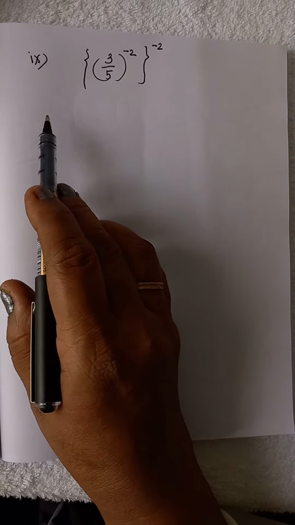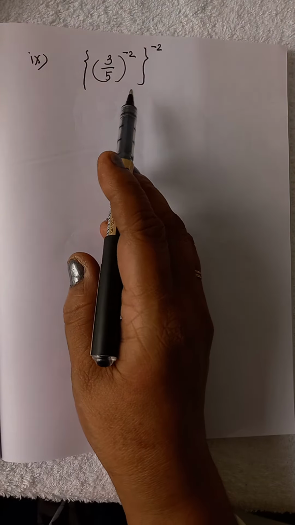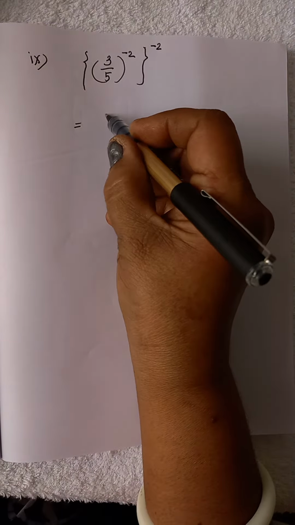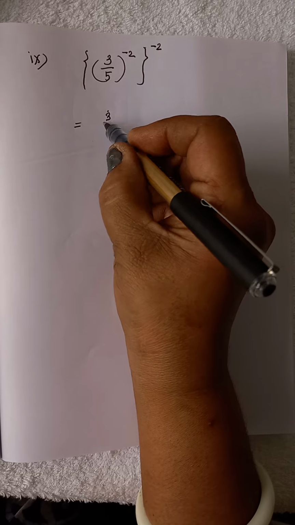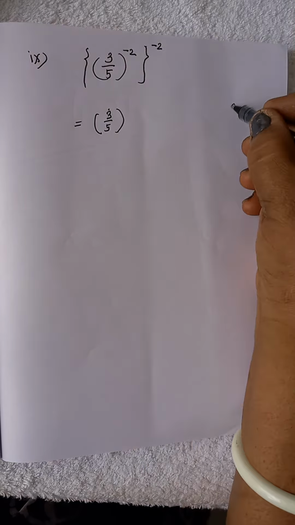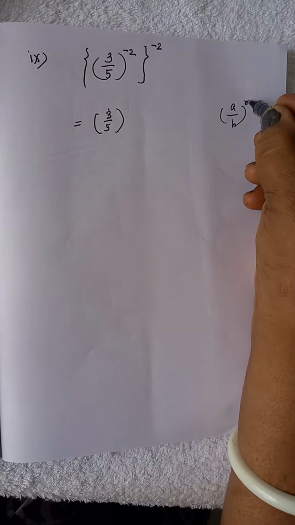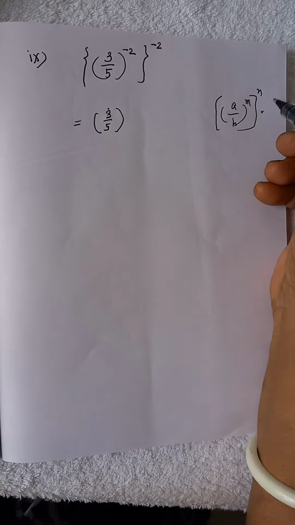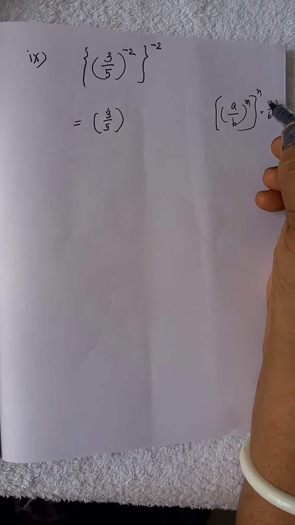Now the ninth question is 3 by 5 raised to minus 2 whole raised to minus 2. And now this is equal to 3 by 5 raised to, this product law, a by b raised to m whole raised to n, that is equal to a by b raised to m into n.